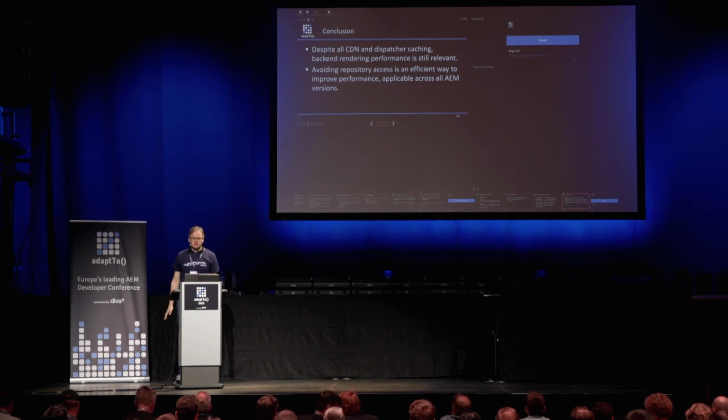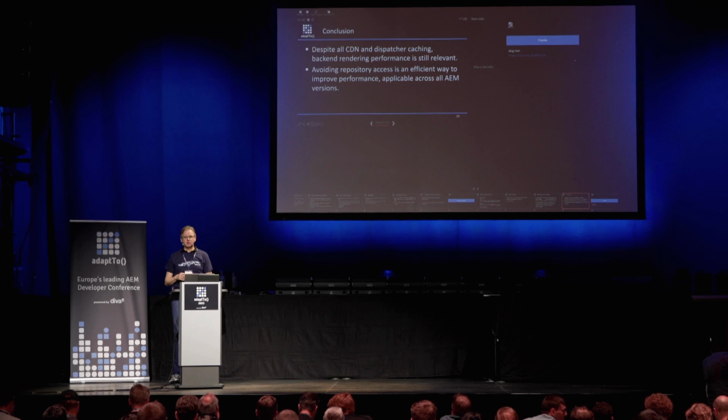Okay, conclusion. You all heard, well, front-end stuff matters. Yes, it matters. But think about cold caches. Cold caches is a problem. And sometimes we have cold caches more often than you actually think. And avoiding the repository access is a very efficient way to improve performance.